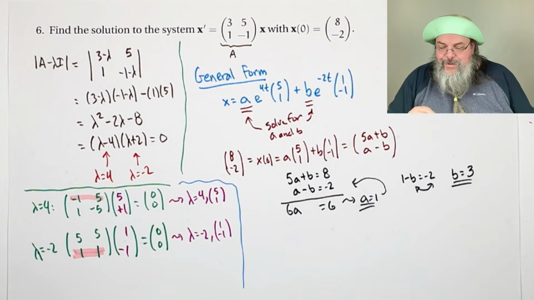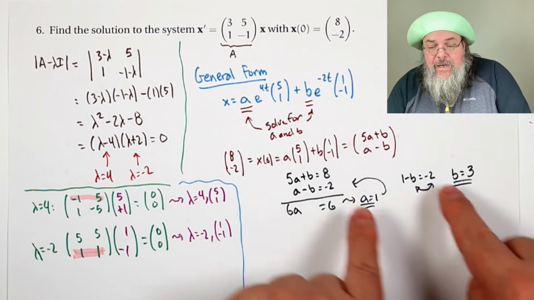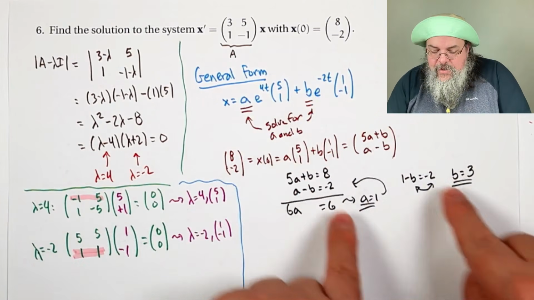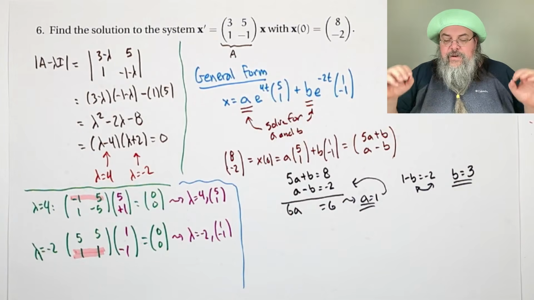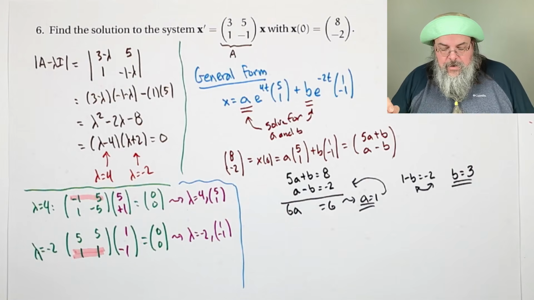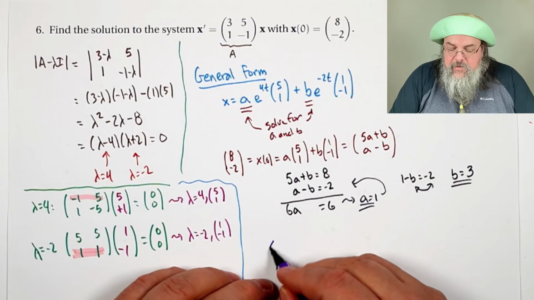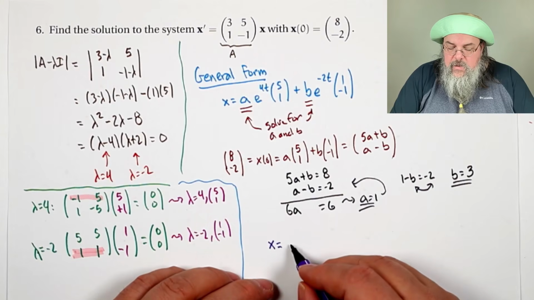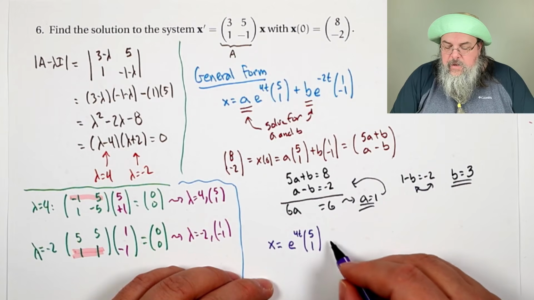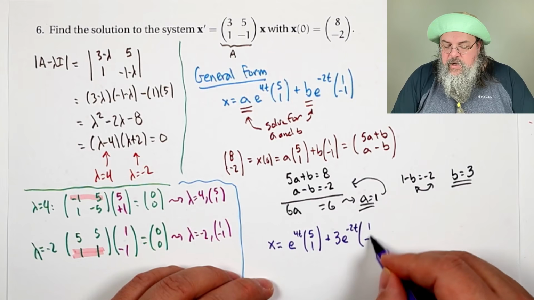So there's our a and our b. So we're almost done. What do we do? Well, we're going to put these values in for a and b. So we're going to go from our general solution to a very specific solution, but it's the specific solution that we're trying to find. So we're almost there. Our last hurrah. We have that our x is 1 e to the 4t, (5, 1), plus 3 e to the minus 2t, (1, -1).